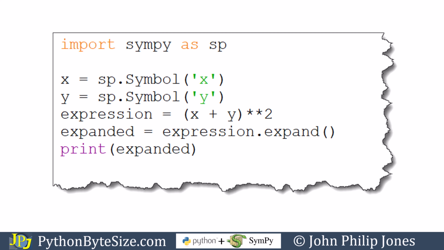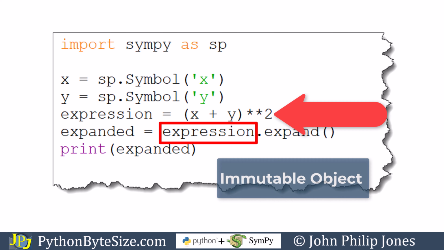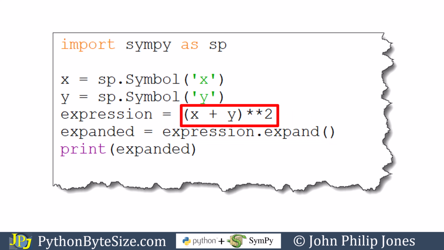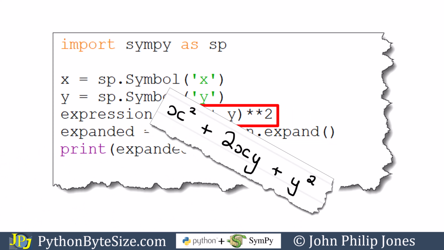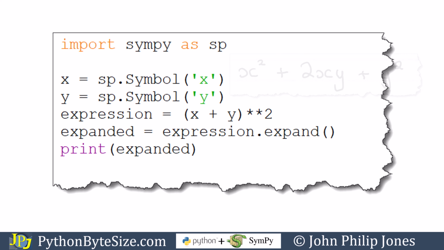Now it should be pointed out that this expression is not altered because it is an immutable object, which means it cannot be changed. But what this has done, it's created a different expression that doesn't look like this. It looks like the one we did in the maths at the beginning of this video, and it is given through the assignment statement to this. So this now holds the new expanded expression.